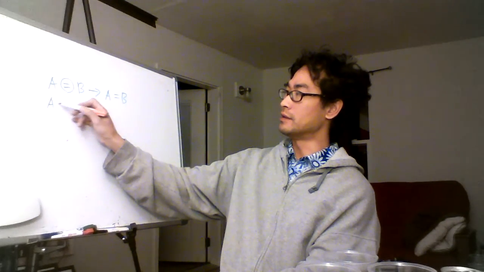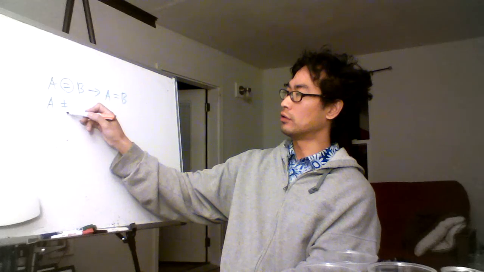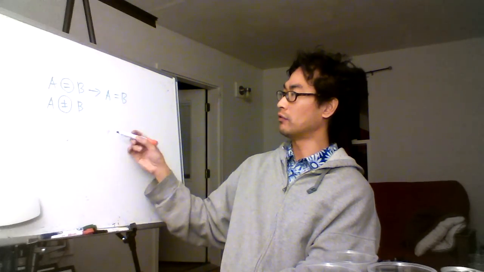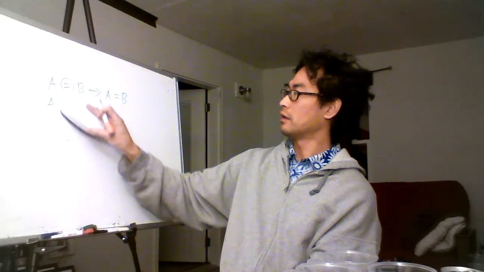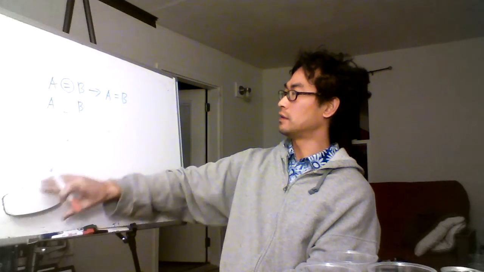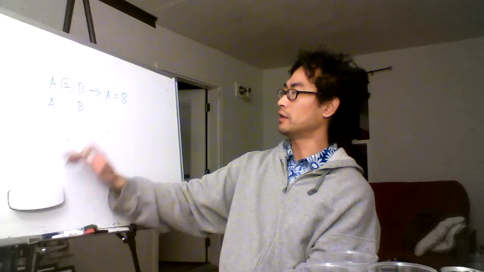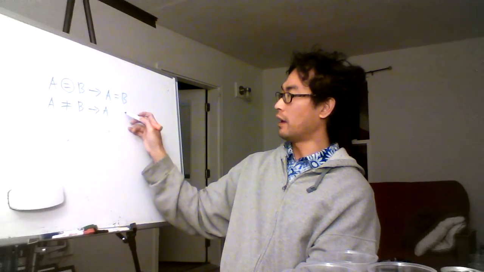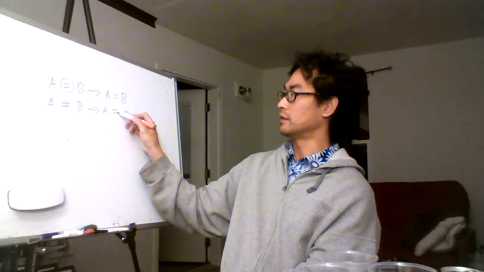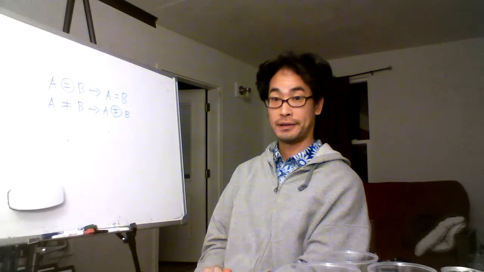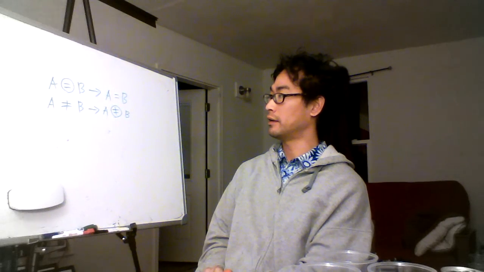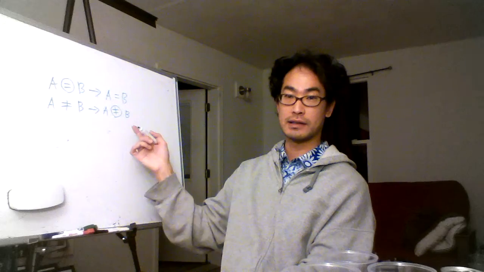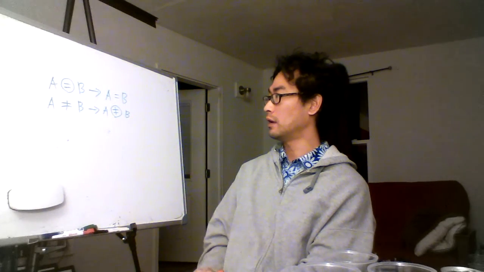If A is not equal to B mathematically, well, if A is different from B mathematically, that means A and B are morphologically different. Okay? Yeah, I mean that's the contrapositive, but it does make sense this way. That's it.